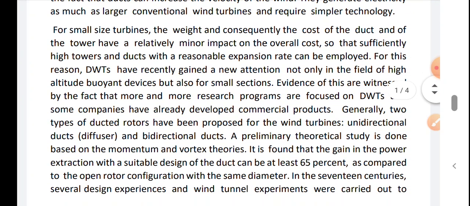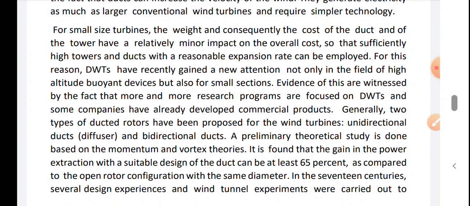For smaller size turbines, the weight and also the cost of the duct and the tower have a very minor impact on the overall cost of the turbine system, so that sufficiently high towers and ducts with a reasonable expansion rate can be employed.